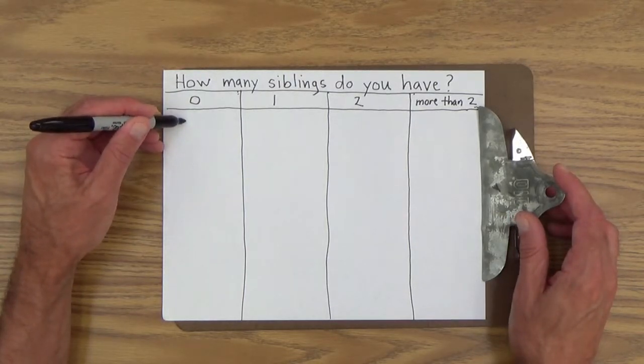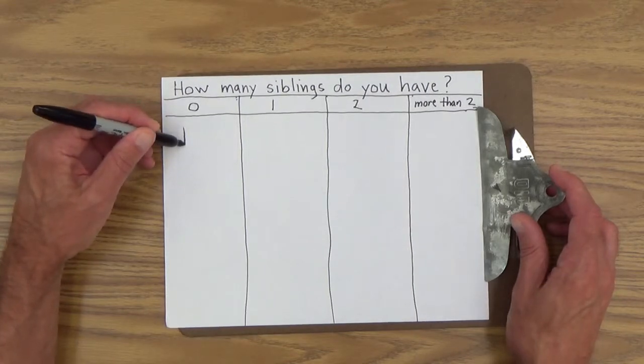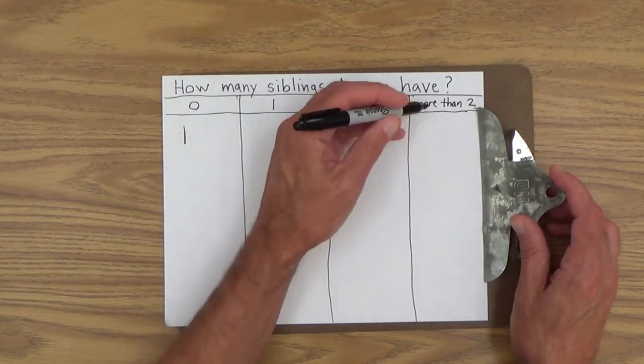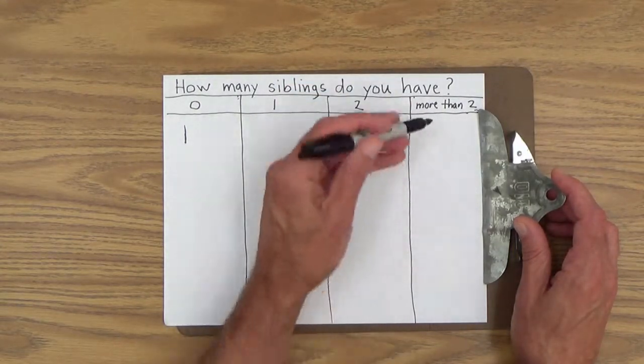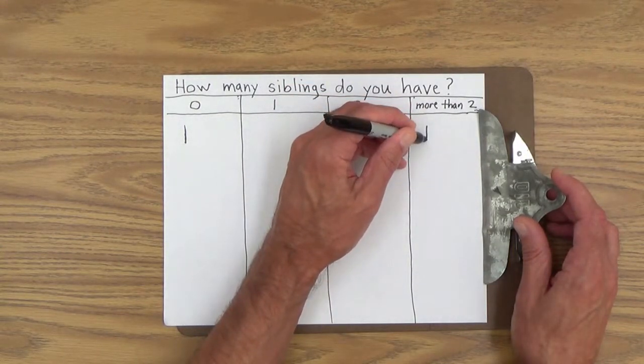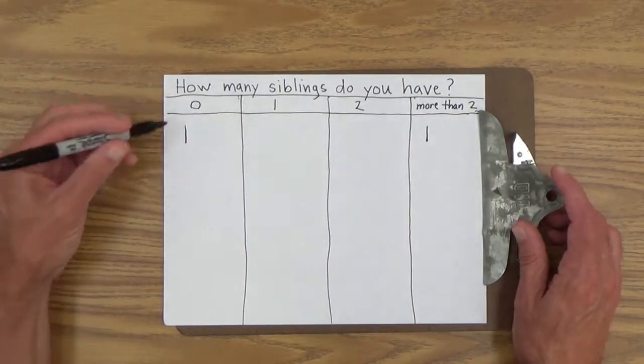Maybe the first one might say, oh, none, I'm an only child. Next one might say, oh, 5. So it's more than 2, so there would only be a tally mark there. And you could build this up.